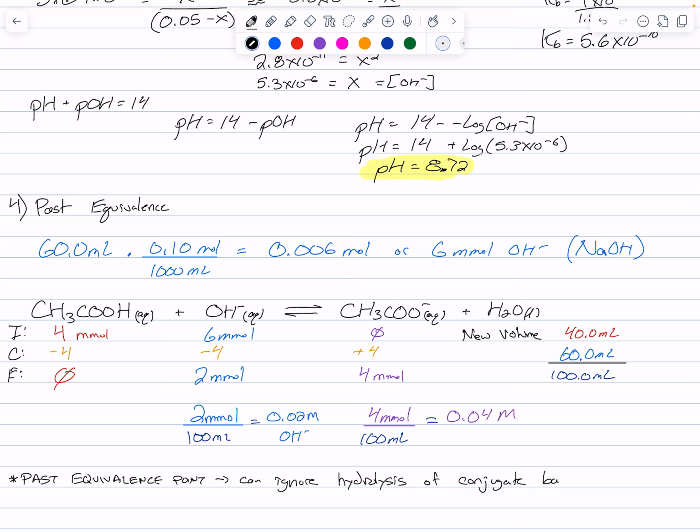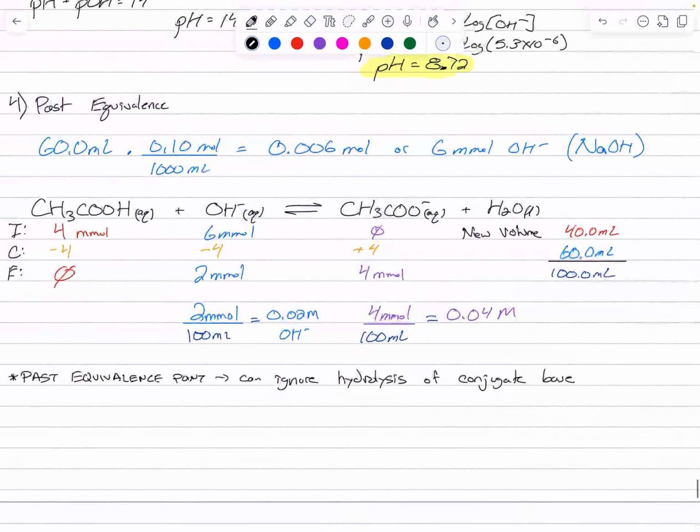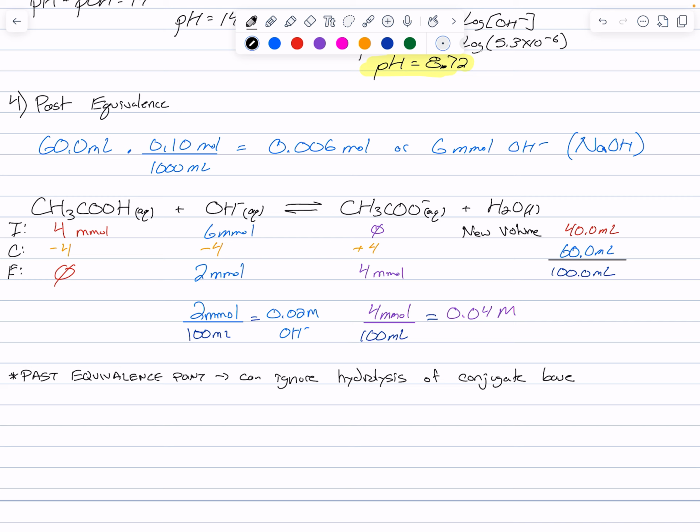In this case, it's a base, right? But it depends on what you're doing. If you're doing a strong acid, weak base titration, it'd be the conjugate acid. But in this case, it's the conjugate base. So that means the pH is due to excess hydroxide added from the titrant. Okay? All right, hopefully that makes sense.